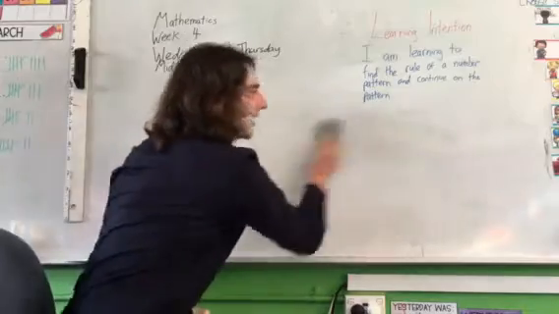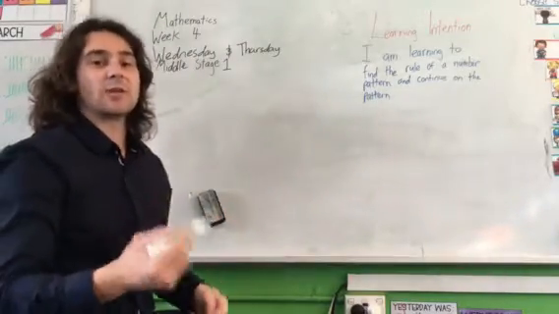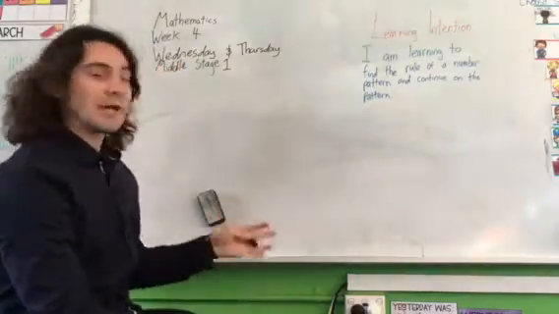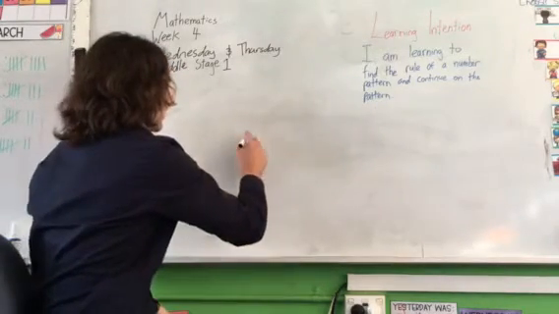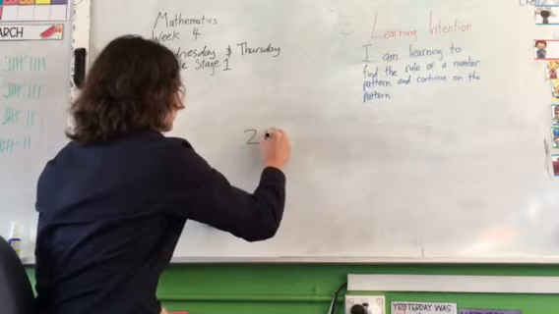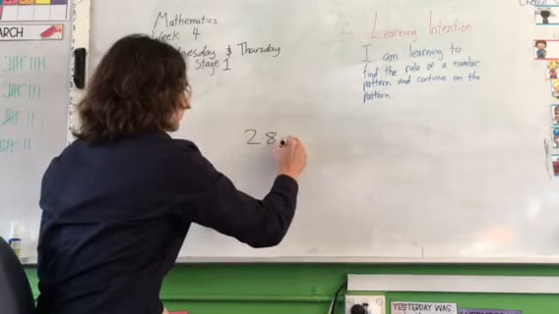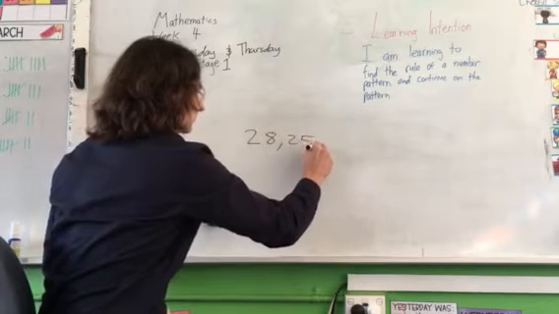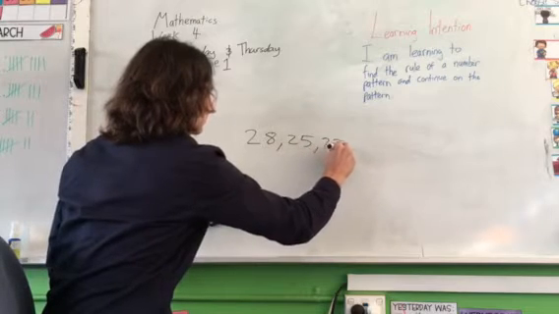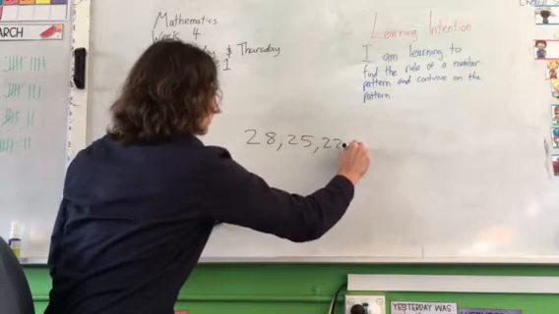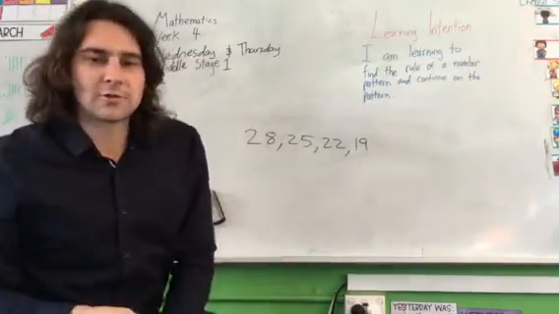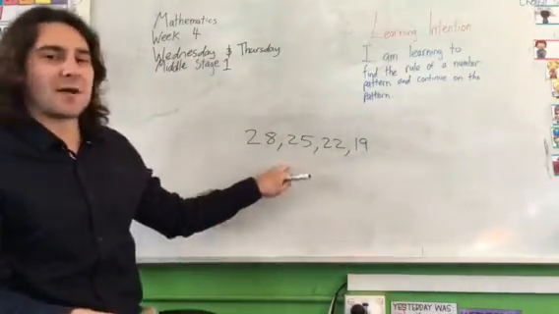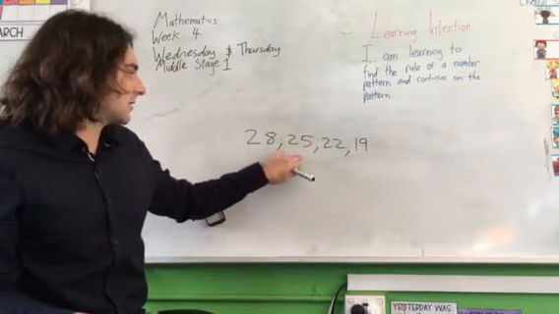The same goes for number patterns that are decreasing in value. It's the same as a number line, okay? Decreasing in value. I'm going to look at my first number pattern, 28 and 25.